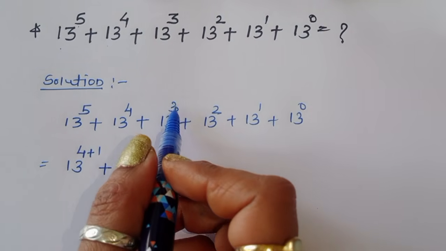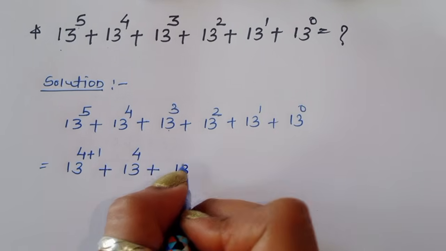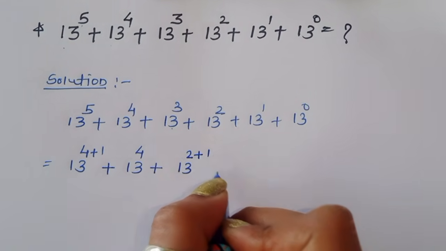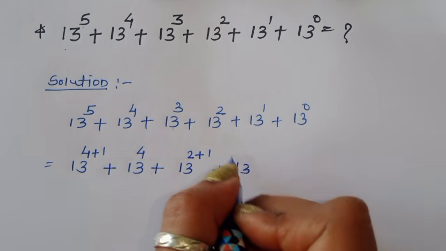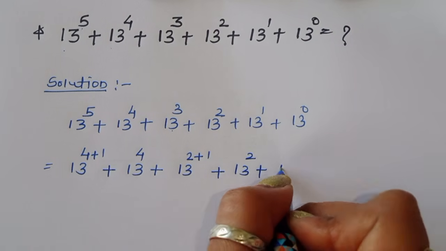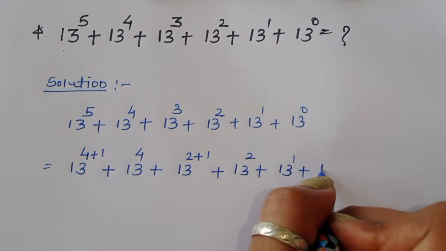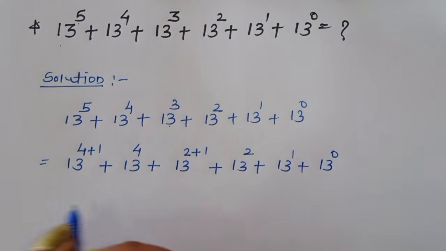This power 3 we can write as 2 plus 1. So 13^(2+1) plus 13^2 plus 13^1 plus 13^0.